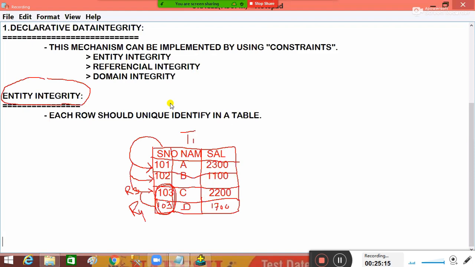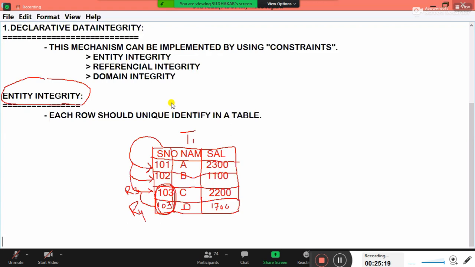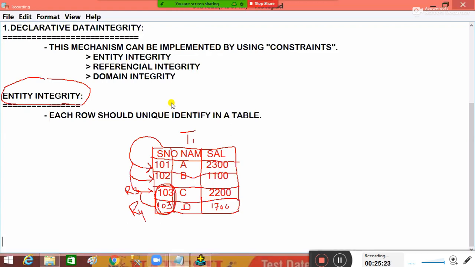Row 3 has serial number 103 and row 4 has serial number 103, so they are duplicates, not unique. Now this table does not satisfy the integrity rule.